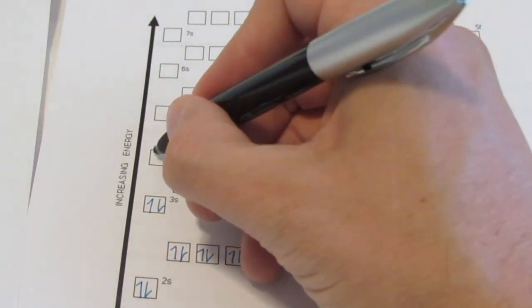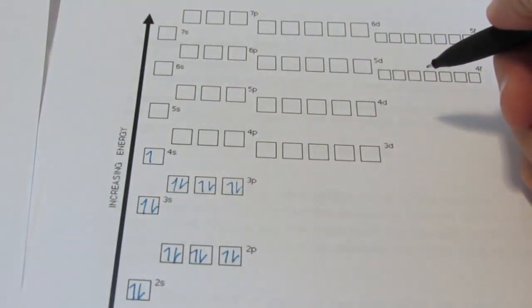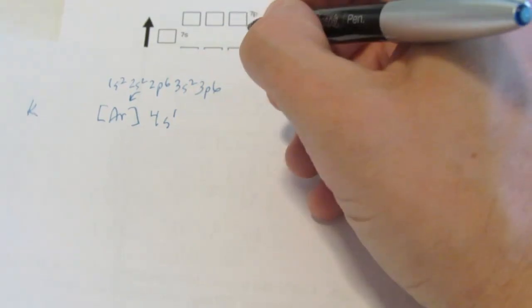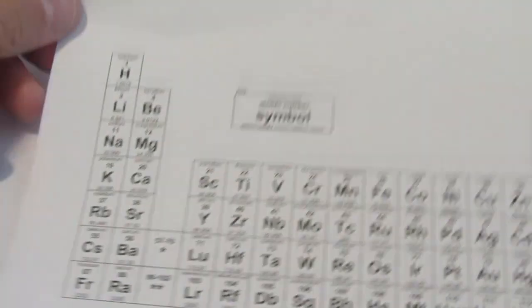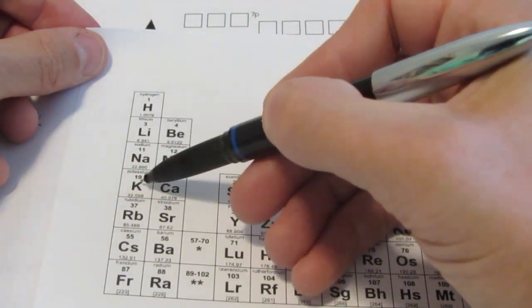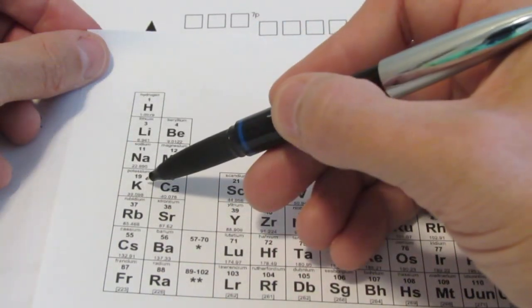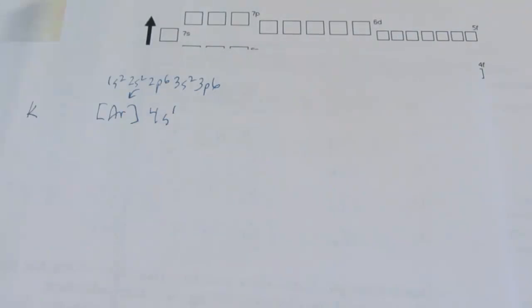So the next electron would go on the 4s. So potassium would end with 4s1. Take a look. It's the 4th element down, 1, 2, 3, 4, in this S area, and the first element in that S area, 4s1.